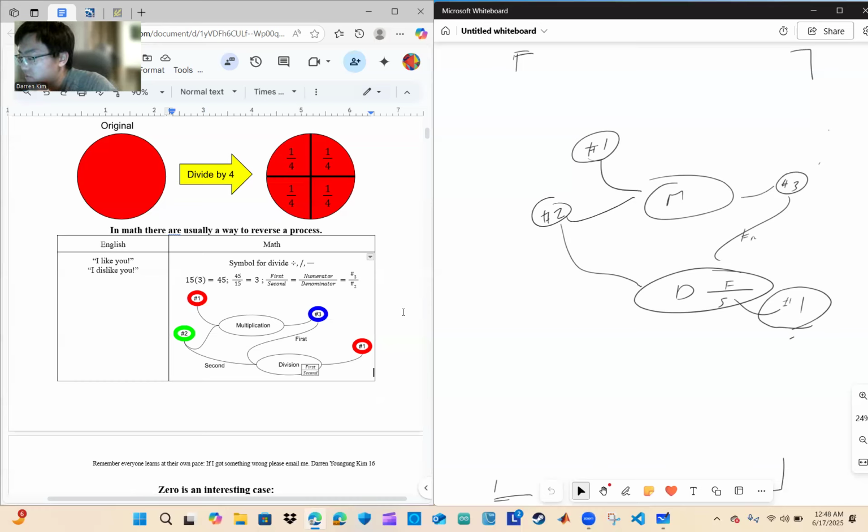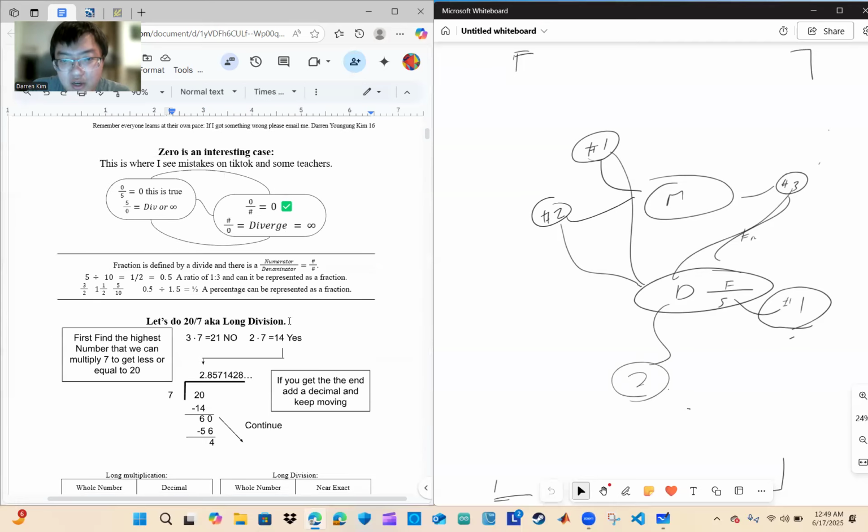And if you did instead first division by second division, you get 2 instead or something like that. Okay, I don't think this was a good diagram, but it does explain what's going on with division.